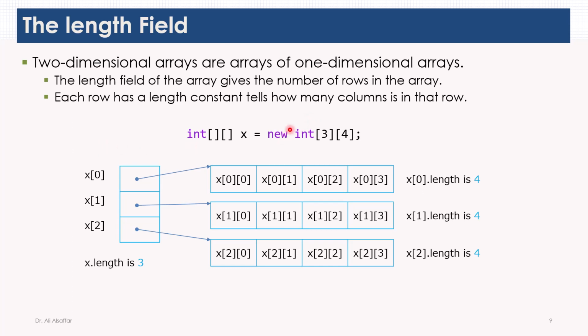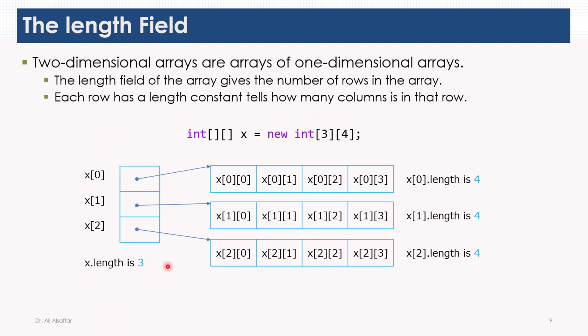Notice that the first dimension is in fact an array of 3 elements, and each index variable in this array is pointing to another one-dimensional array of size 4. So when you use dot length on the name of the array, it will give you the number of elements in the first array, which is the first dimension. So it will be equal to 3.